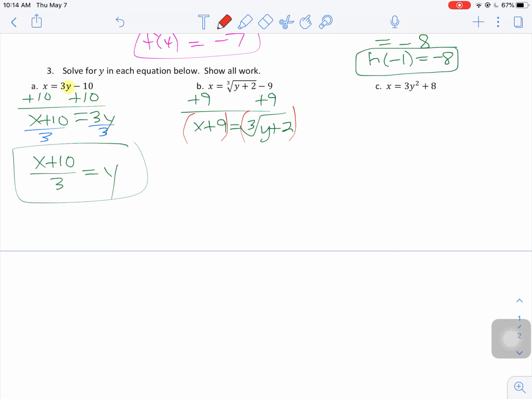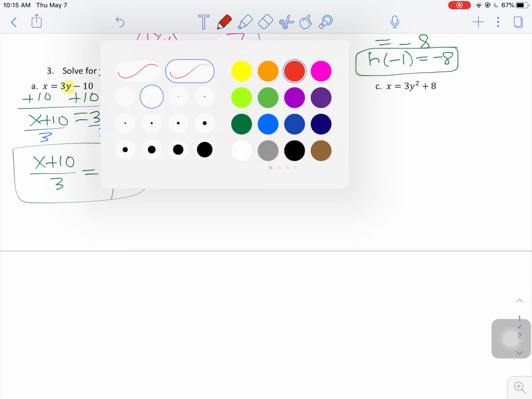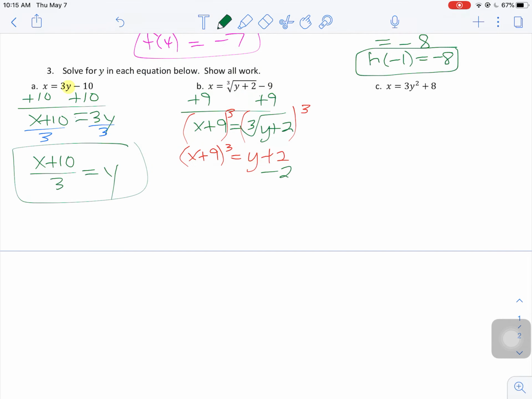So the index is that little 3, so I have to raise it up to the third power. And whatever I do to one side of the equation, I have to do to the other side to keep it balanced. So the whole point of raising it up to the third power is to cancel out the cubed root. So I'm just left with the y plus 2. And then -2, -2, and then we get x plus 9 in parentheses to the third -2 equals y.